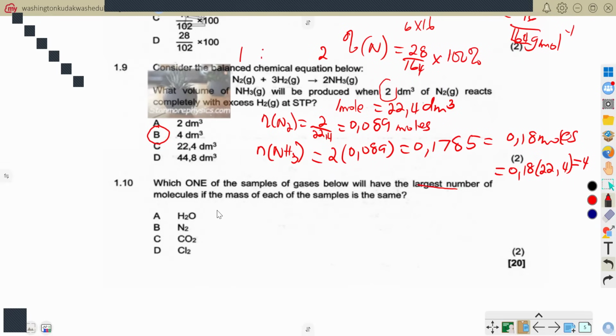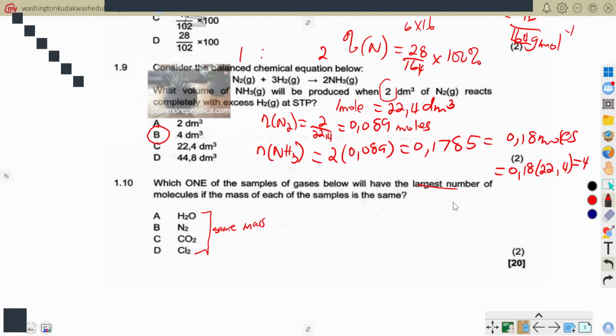Since the mass is the same, how do we find the number of molecules? We need to find the number of moles of each sample of gas. So how do we find that?